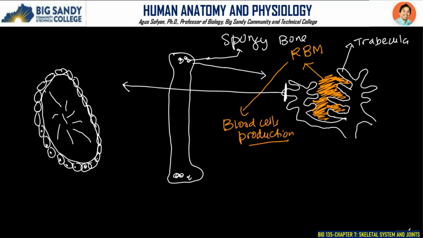And remember, this is Bob, the builder, which is the osteoblast. So osteoblasts are mostly located in the spongy bone, while the osteoclasts will be located in the compact bone.